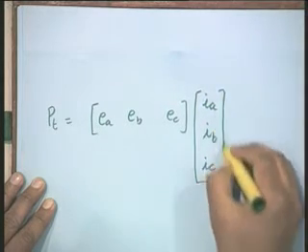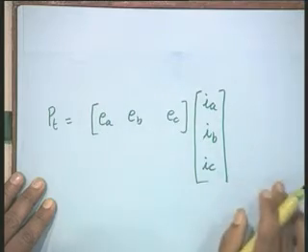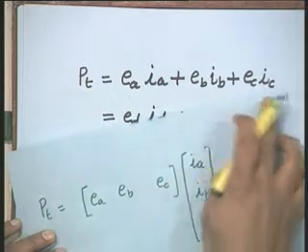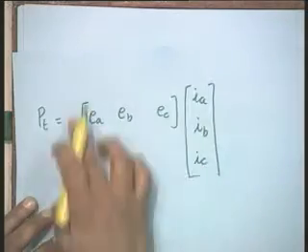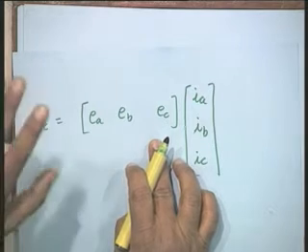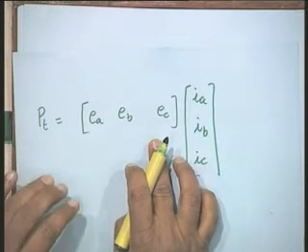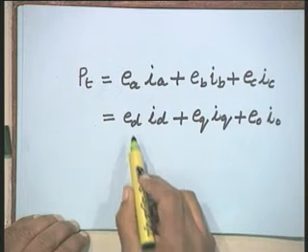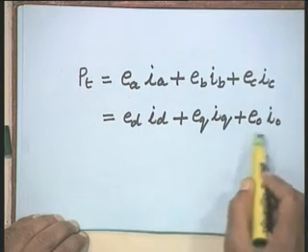This will give you EA IA plus EB IB plus EC IC. Now you replace this row vector by DQ components, and you replace this column also by DQ components, and multiply these two matrices. When you do this multiplication, the end result comes out to be of this form: PT equals ED ID plus EQ IQ plus EO IO.